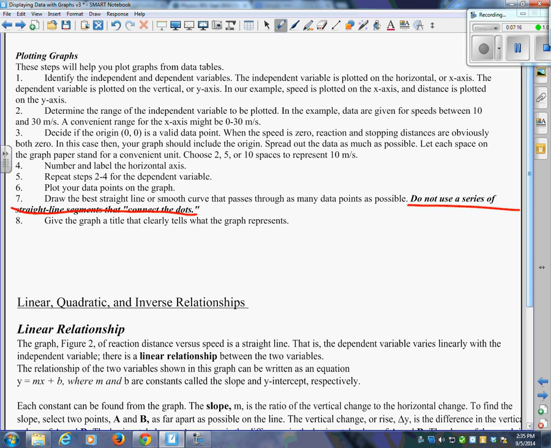Why not? The direction isn't really that straight. When you're looking at the graph, are you looking at specific details? Like, do you want to know exactly what it's going to be between this dot, this dot, this dot, and this dot? Or are you looking for the overall trend? The overall trend. You're looking for the overall relationship.